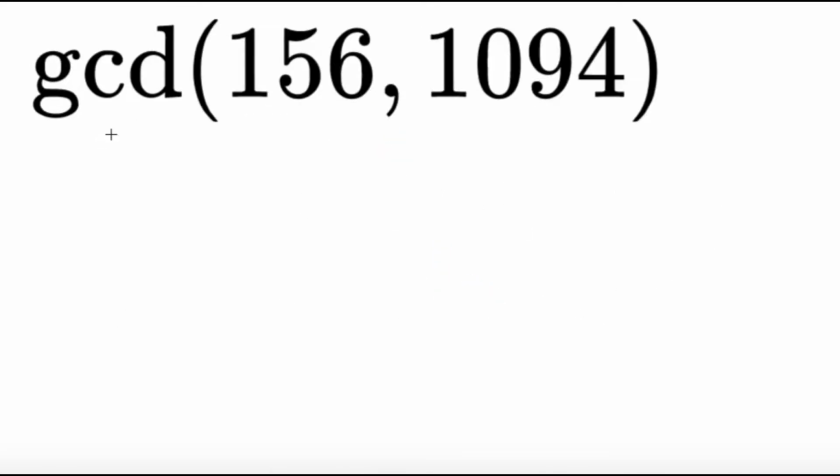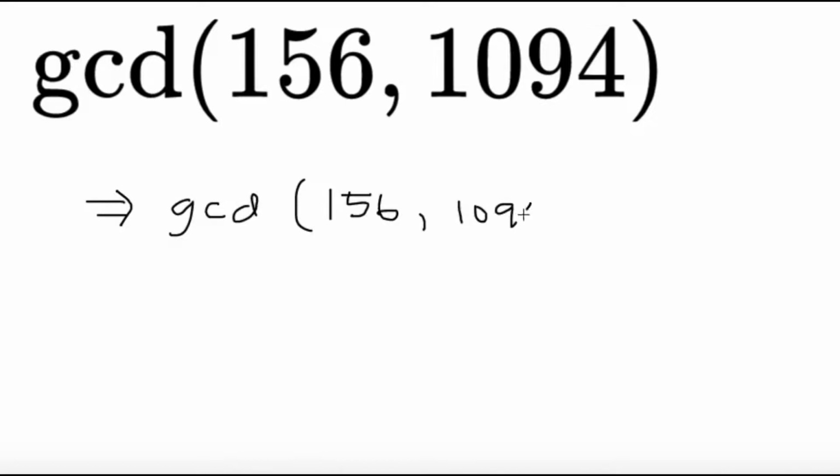Since we want to get the GCD of 156 and 1094, well, 1094 is a little bit big, so let's try to make that small. I can say that the GCD of 156 and 1094 is equal to the GCD of 156 and 1094 minus 156. And I can do this a lot of times.